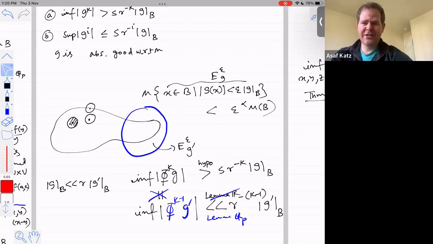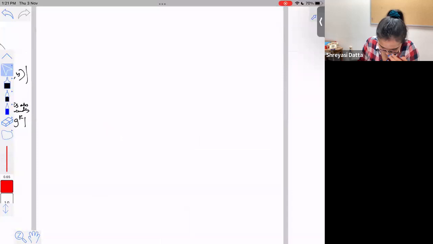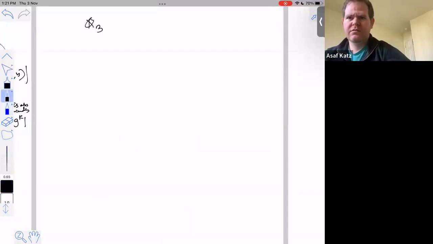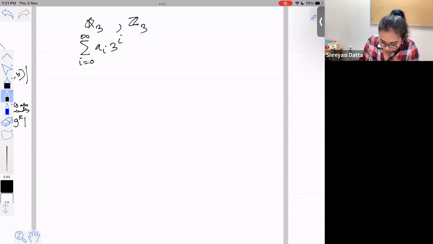Another thing, you mentioned fractals on QP. Can you elaborate on this? What are the interesting examples? Because it's a totally disconnected space to begin with. Right. Let's say Z_3. All the elements can be written as the sum of a_i times 3 to the power i, with i from 0 to infinity, where the a_i can be 0, 1 and 2.